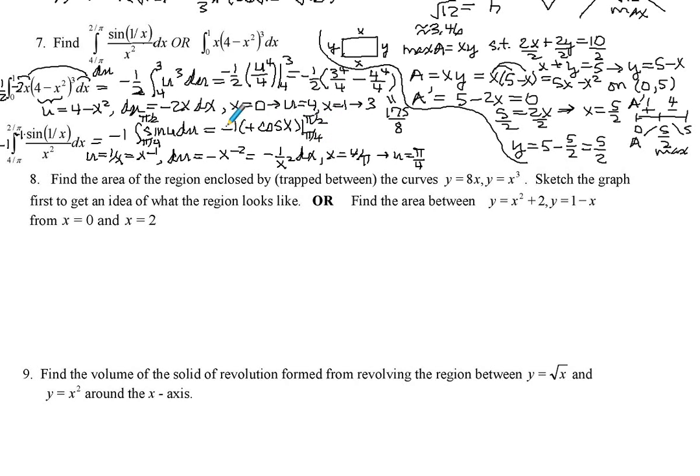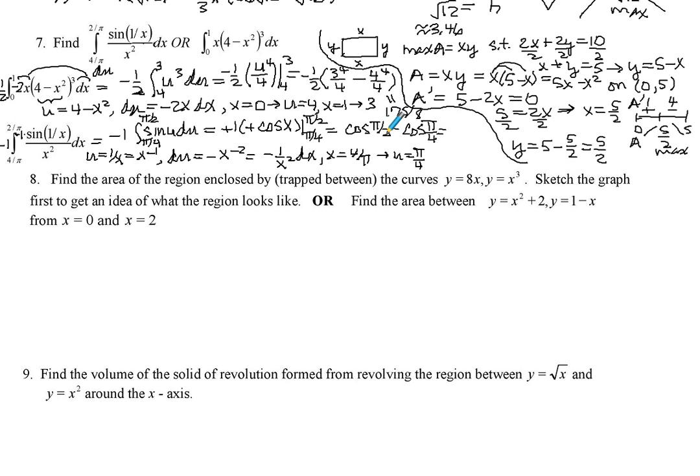And these two negatives are going to make that a positive cosine u. So plug in pi over 2, plug in pi over 4 and subtract. So this is going to be cosine of pi over 2 minus cosine pi over 4.